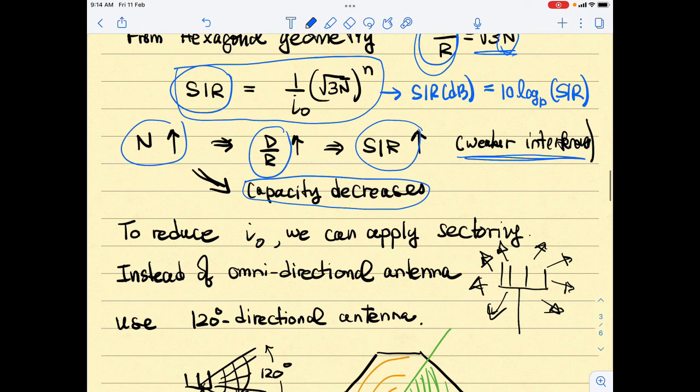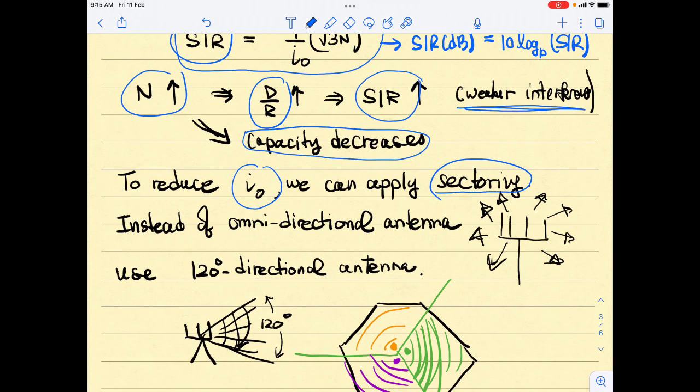The other way is to reduce the number of closest co-channel cells. One way we can do this is to apply the concept of sectoring. What is sectoring? We want to sector the cell into many sectors. How do we do that? In the past, we assumed that the antenna is omnidirectional.